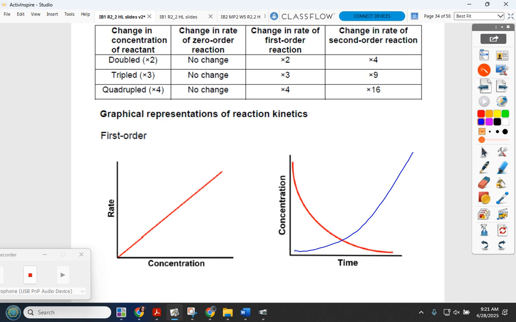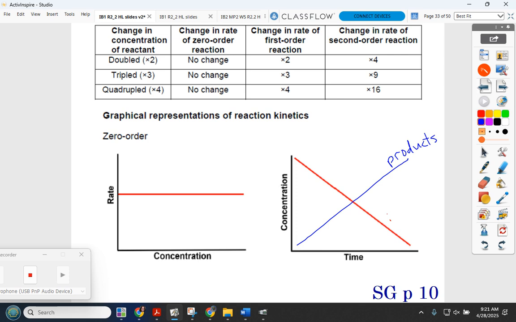But if we have something like the CO in that equation, changing the concentration of the carbon monoxide isn't going to change the rate of the reaction. And so what we would end up with is, as we change the concentration, the rate, that's zero order, the rate would not change at all.